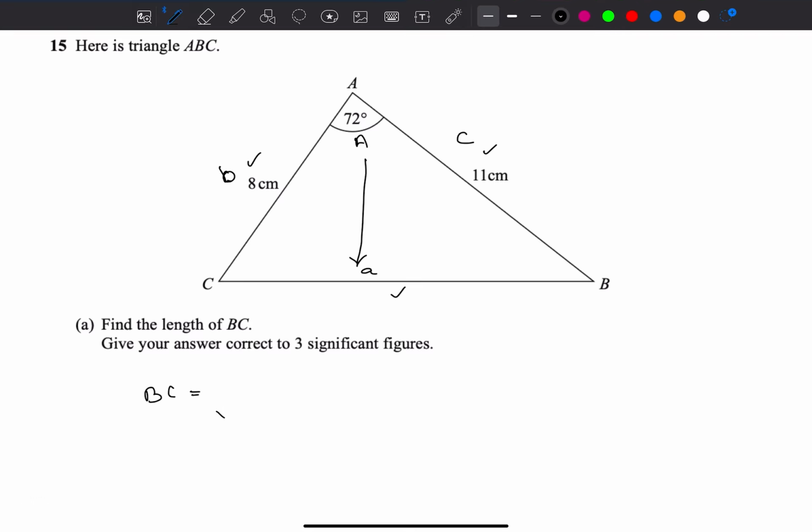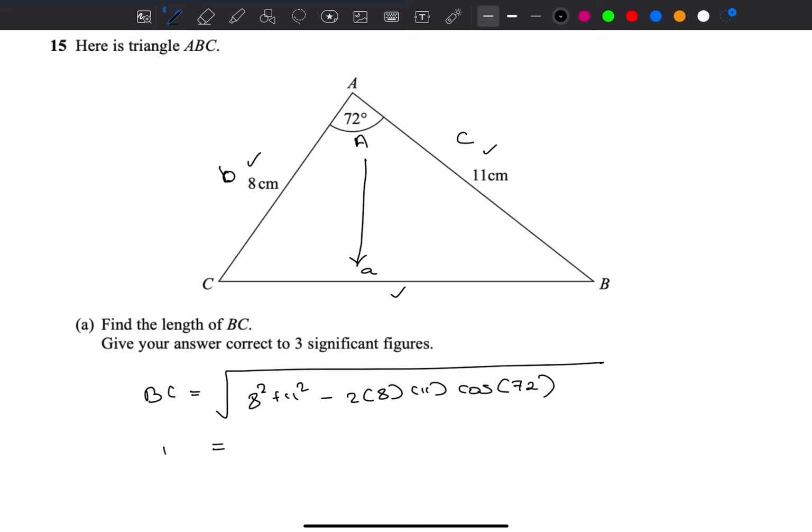BC is equal to square root of B squared plus C squared minus 2BC cos A. So 8 squared plus 11 squared minus 2 times 8 times 11 cos 72. That gives you the BC length, which gives you 3 significant figures, 11.6 centimeters.